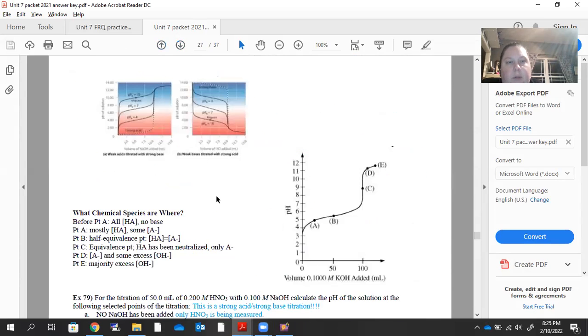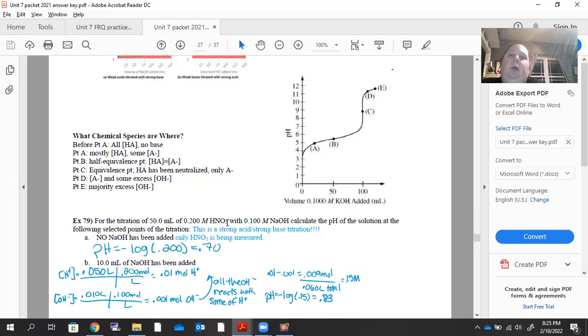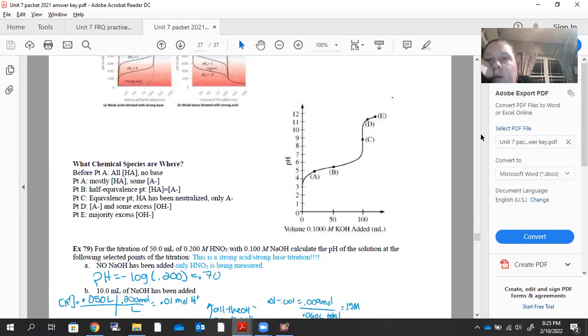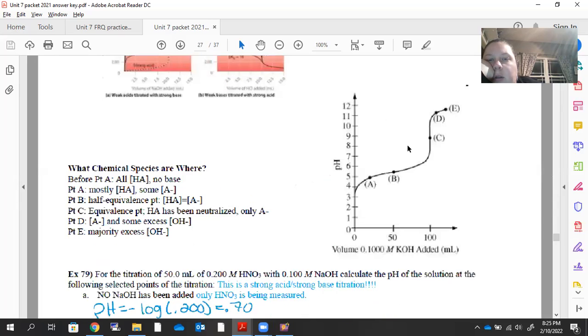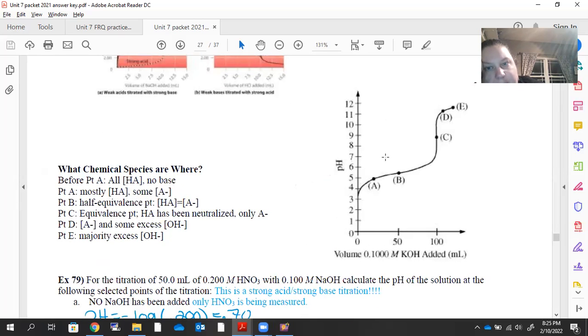Okay, this is the one that I like. The main one in your packet, I've got drawn out here.